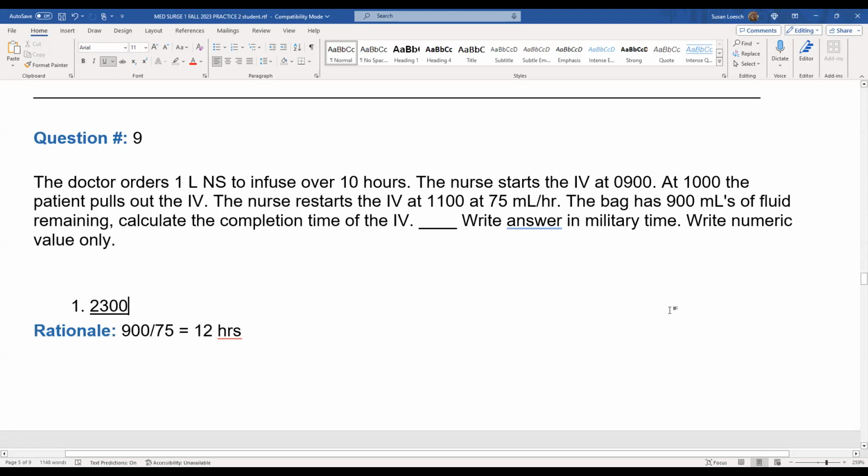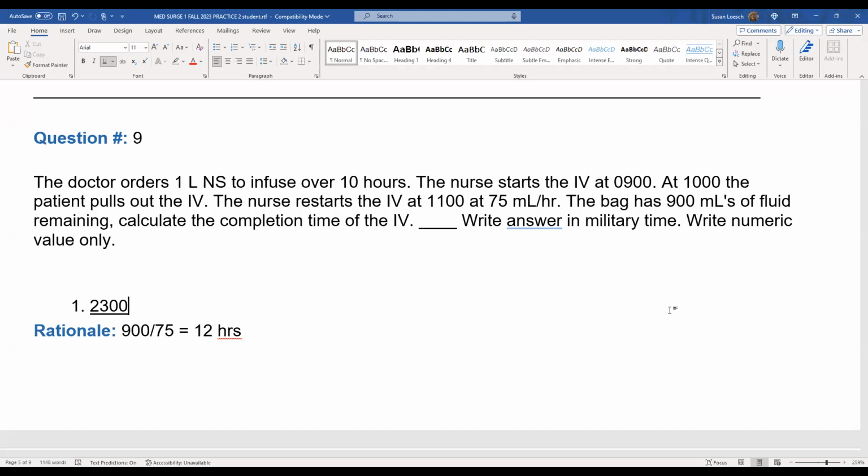The first thing you have to do is determine how much fluid is left in the bag, which was 900. And it's running at what speed? 75 an hour. And it started at 11 a.m. So you already know 11 to 11 is 12 hours. What if it was 9.6 hours?